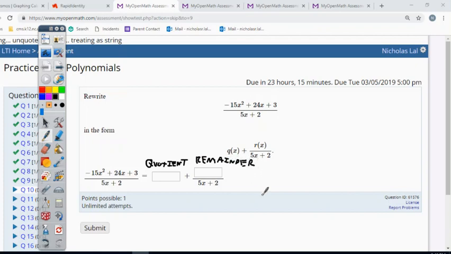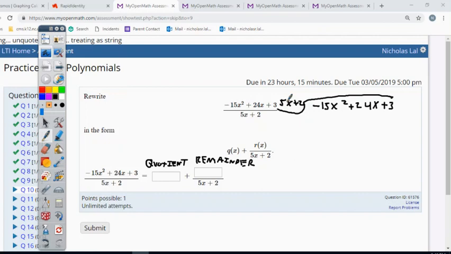So let's find the quotient. We're going to have negative 15x squared plus 24x plus 3, all divided by 5x plus 2.